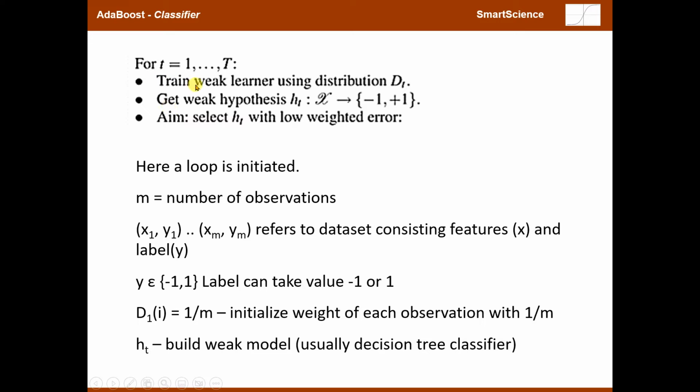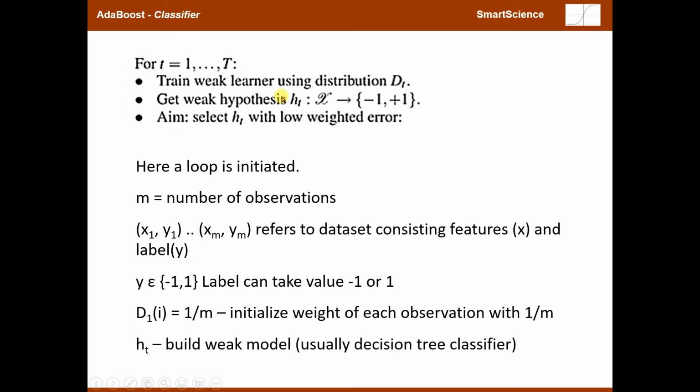So these trees are referred to as weak learners. Okay, and the result of building each tree is a model, isn't it? So it is given a notation ht. So h1 is the first tree, h2 is the second tree, so on and so forth. And in machine learning, these models are addressed as hypotheses.